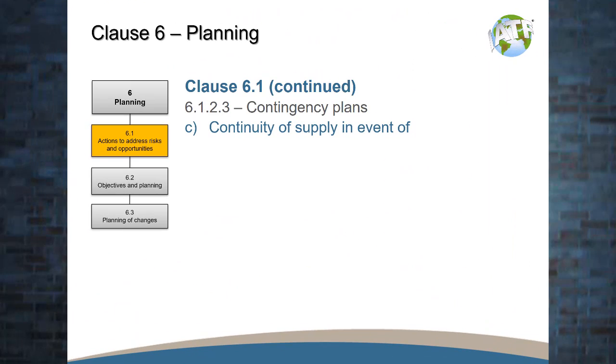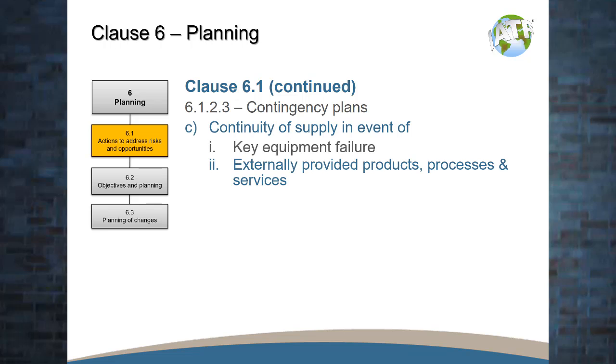To continue here, continuity of supply in the event of key equipment failure, externally provided products, processes, and services. So again, key equipment internal, key equipment at your supplier or some other externally provided product, process, or service.